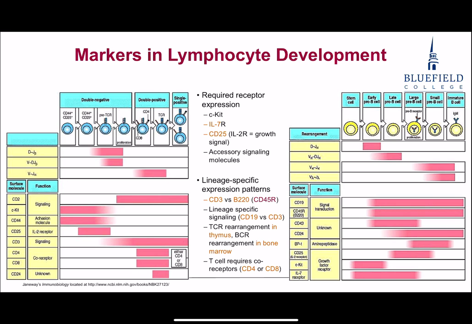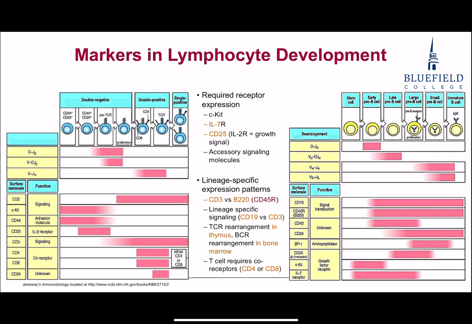It's guided by the differential expression of different receptors, as you can see here in the pink. So at different points in the developmental process, some receptors are expressed and then turned off, while others aren't expressed and then they're turned on. All right? So this is the maturation process.